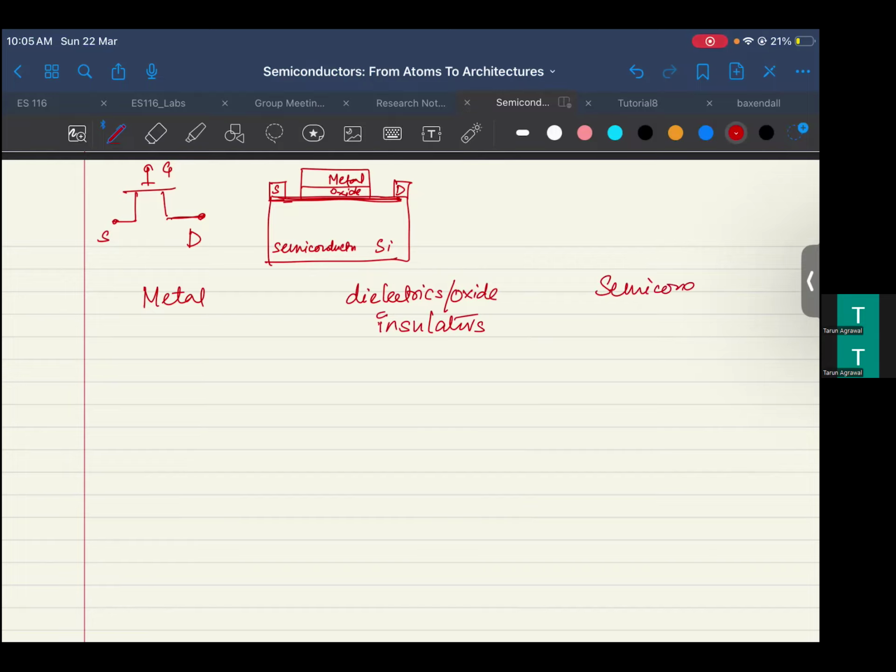These are the three widely used classifications of materials. Now the question is, if you are given a piece of some rock which could be a semiconductor or could be a metal, how would you distinguish what is a semiconductor and what is a metal?